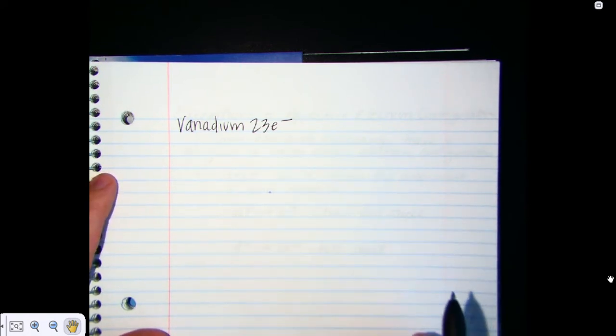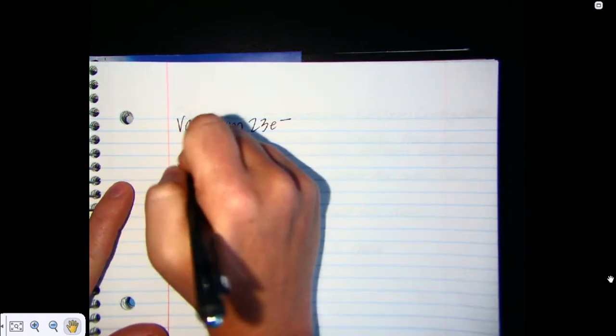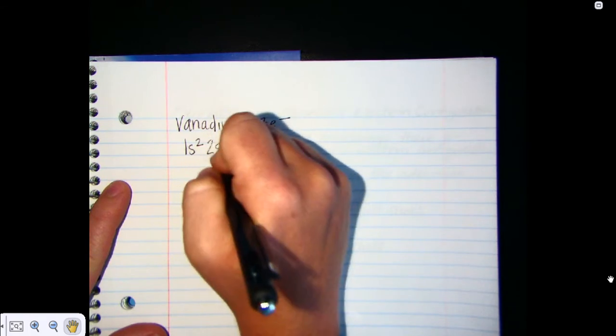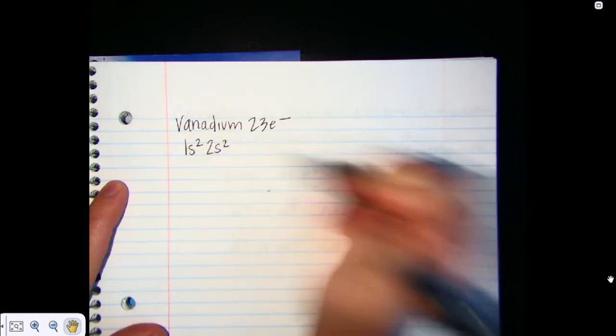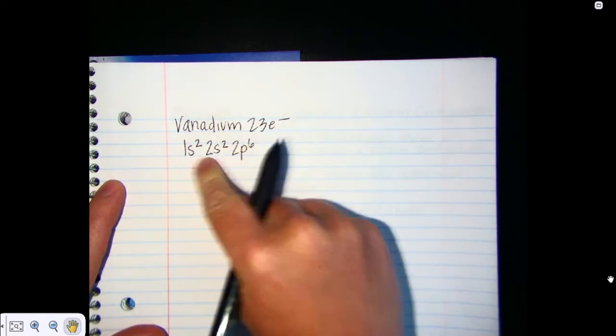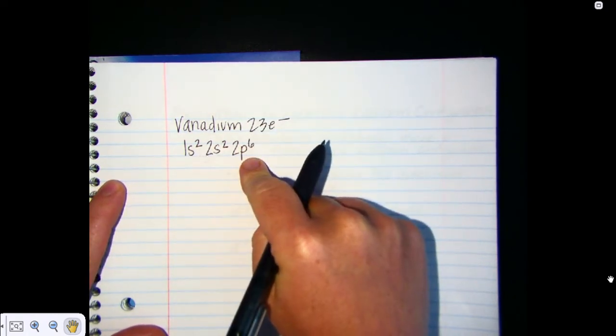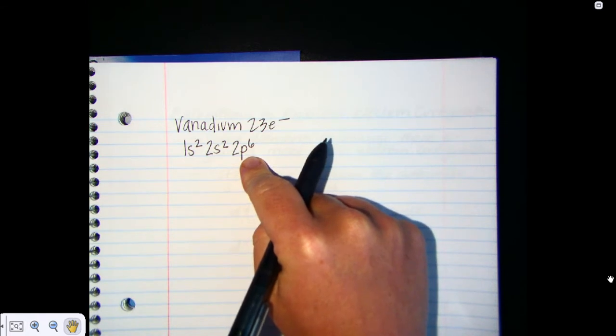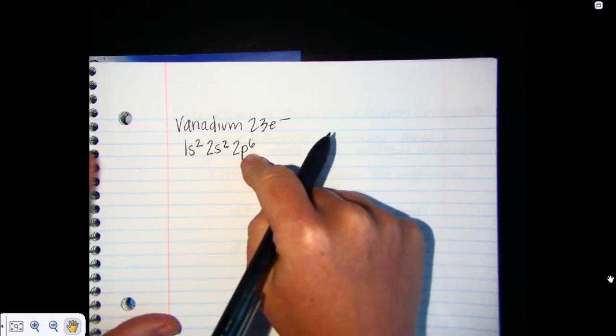So 1s holds how many? 2. 2s holds how many? 2. 2p holds how many? 6. So 2 plus 2 is 4 plus 6 is 10. So I've used 10 of my 23. I've got 13 to go.